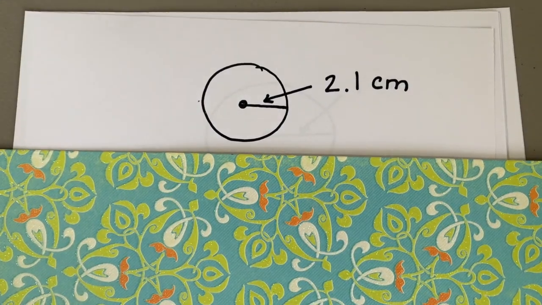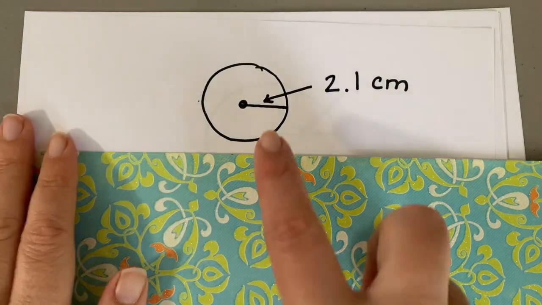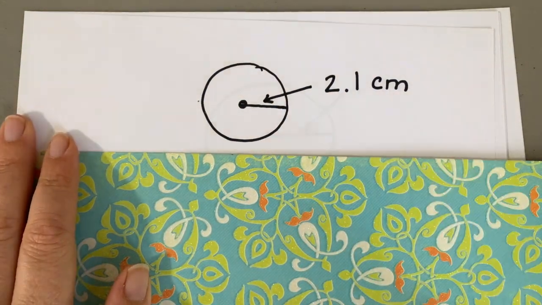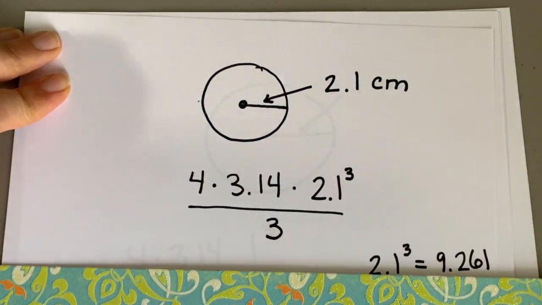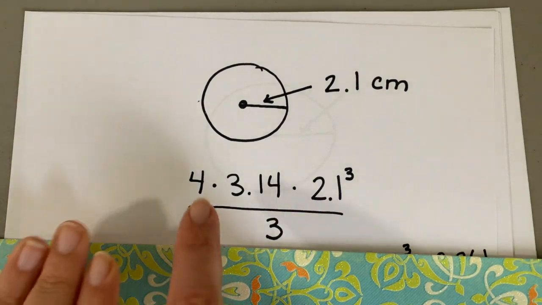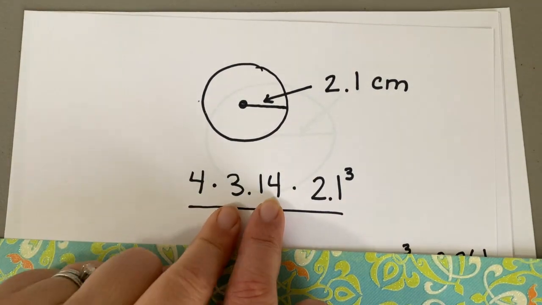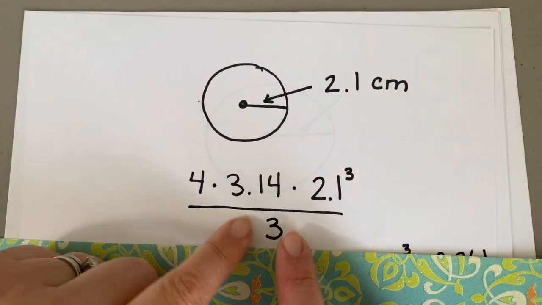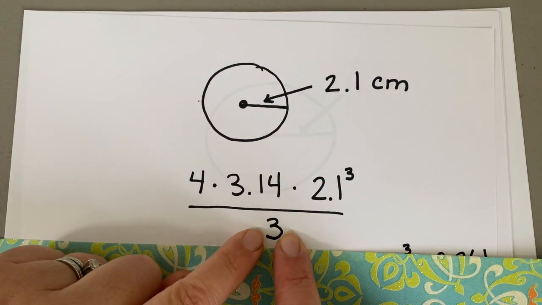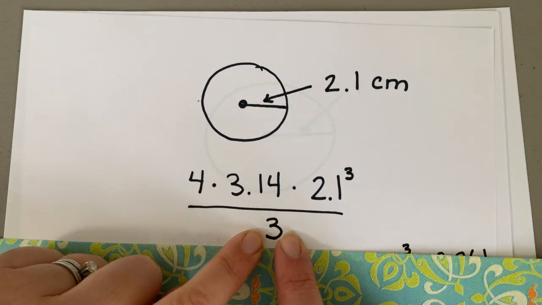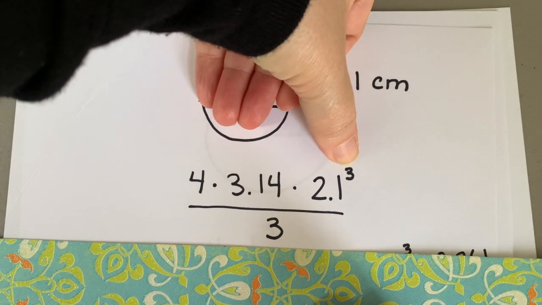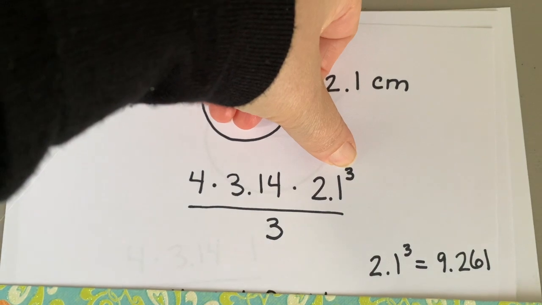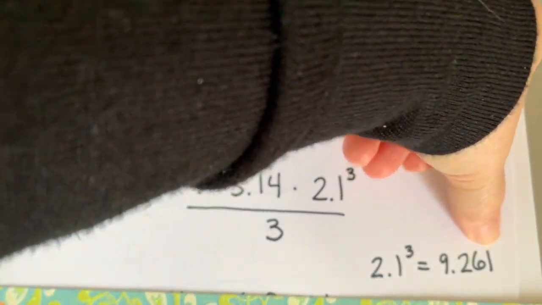So finding the volume of a sphere is really just about putting things in the formula. So if my radius is 2.1 centimeters, I just put that right into my formula, which is 4 times 3.14 times whatever that radius is cubed, and then all divided by 3. What I do when I put it in the calculator is first find 2.1 cubed, and that would be 9.261.